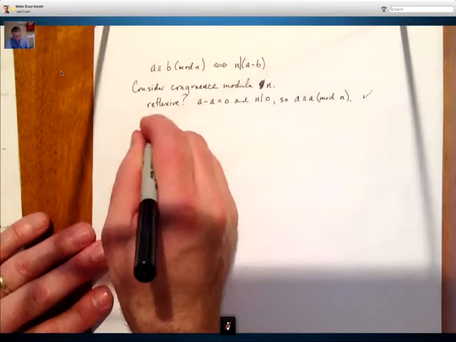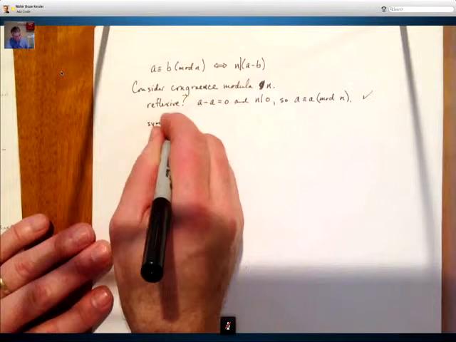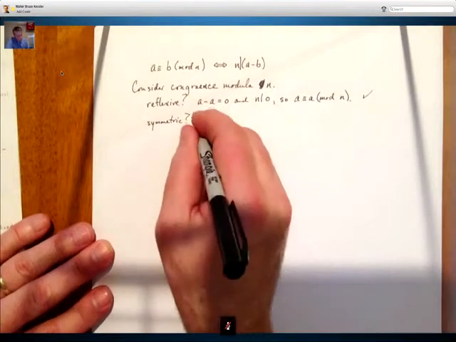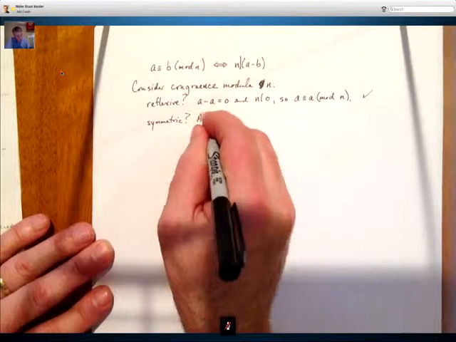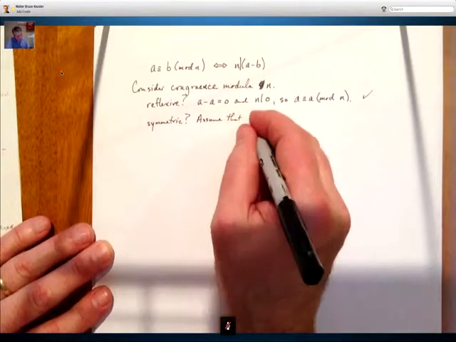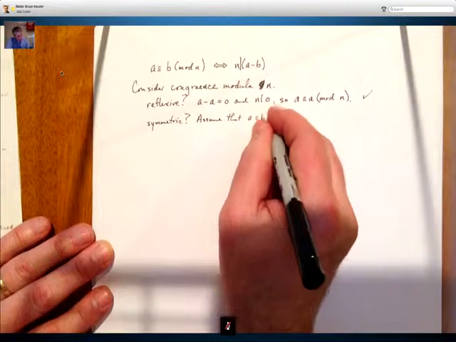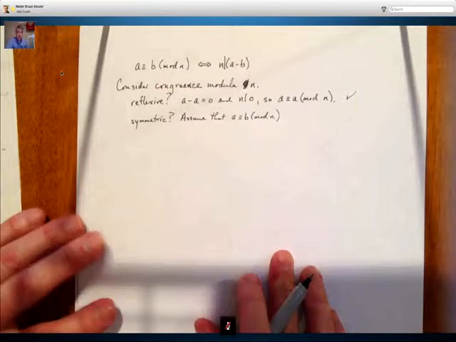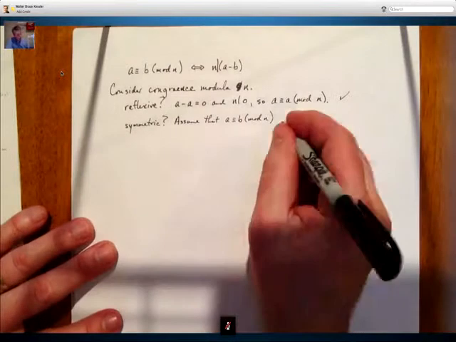Okay. Let's try symmetric. We assume that A is congruent to B mod n.